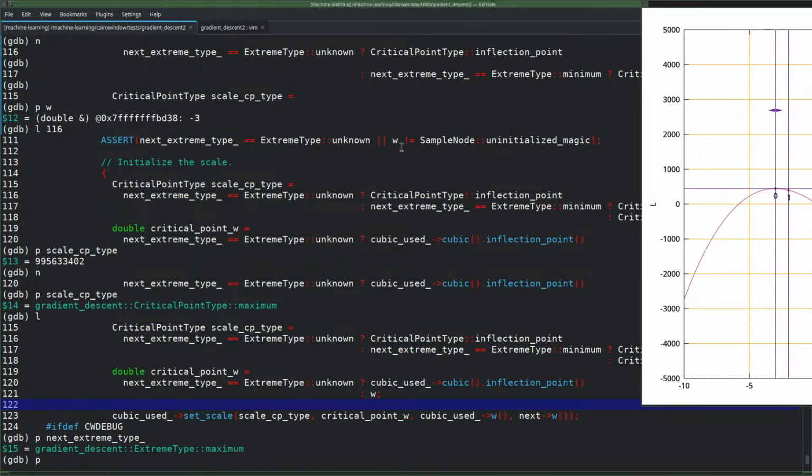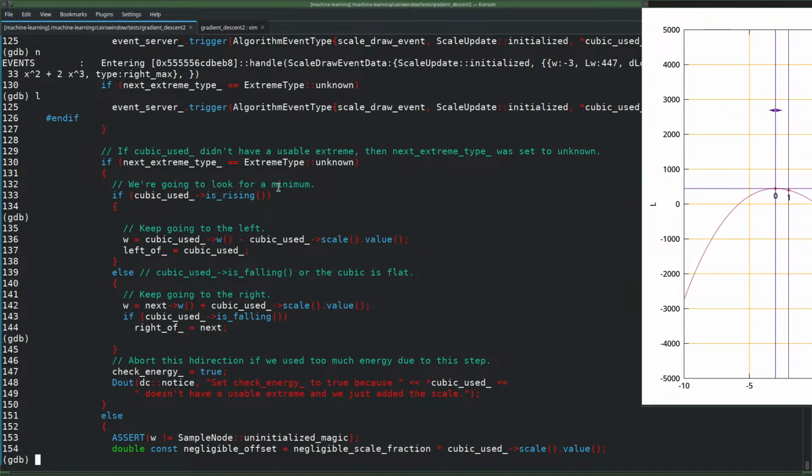Yeah. It's a bit double. Next extreme type equals unknown, or it is not uninitialized magic. And then here I have the same thing. It's unknown, or it is not equal to uninitialized magic. It's kind of double.